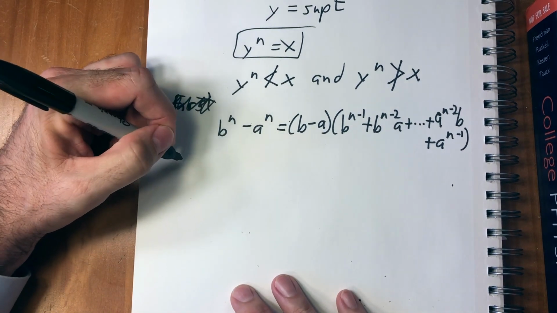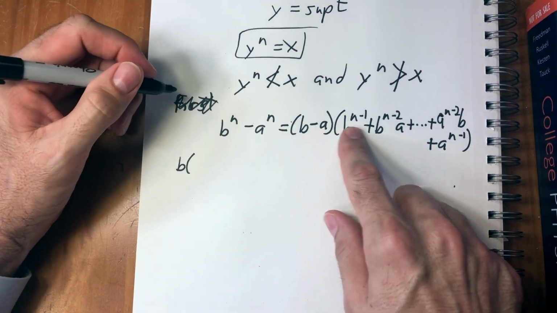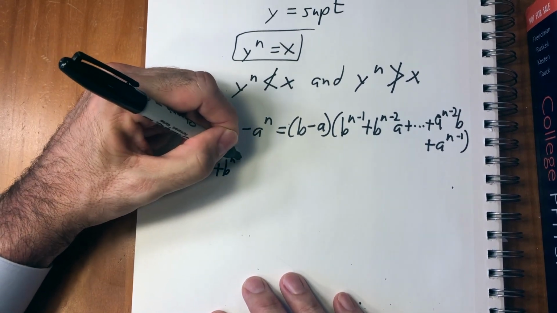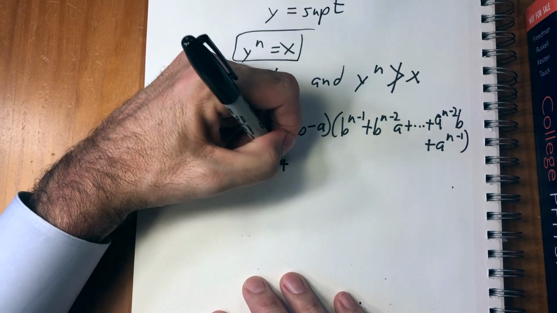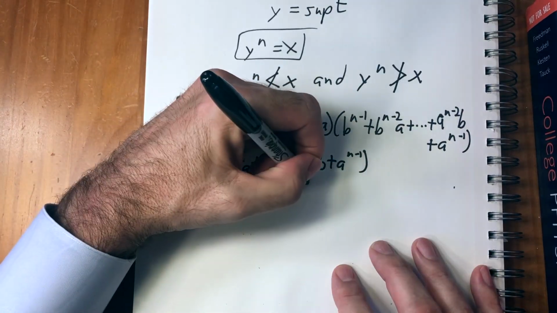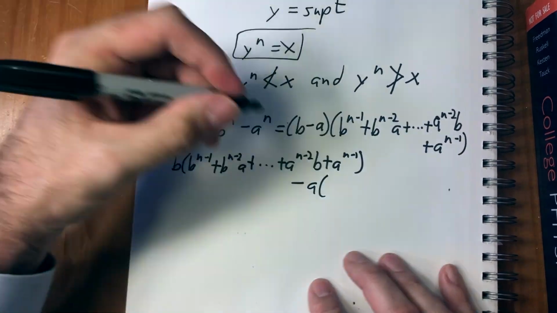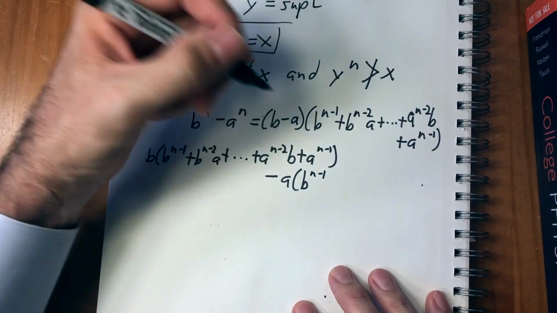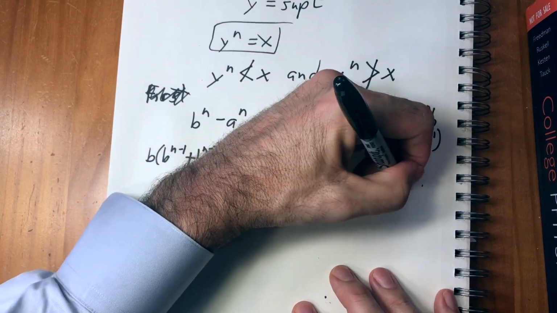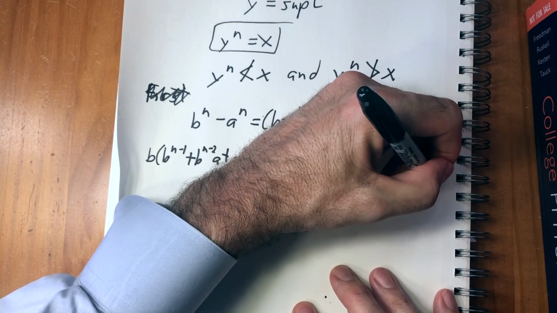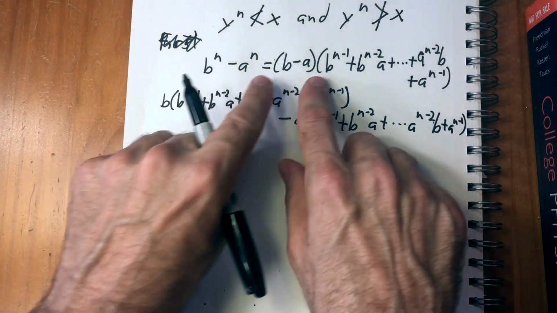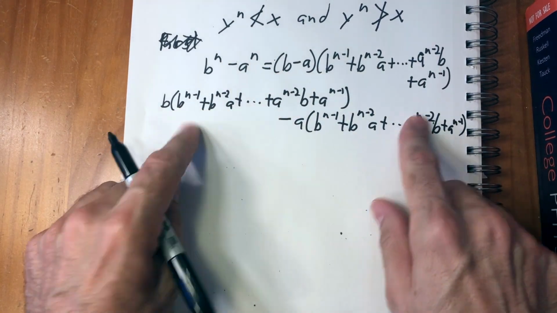So we have that b times this, and then minus a times b to the n minus 1 plus b to the n minus 2 a plus a to the n minus 2 b plus a to the n minus 1. Okay, so all we did is we multiplied each one times this.